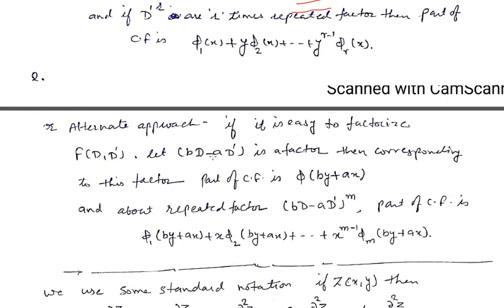Just by plus ax becomes a part of the complementary function for the factor bD minus aD prime. And if bD minus aD prime is a repeated factor, suppose m times repeated, then the CF will be phi 1 (by plus ax) plus x times phi 2 (by plus ax) plus so on, x raised to the power m minus 1 phi m (by plus ax). So we can use this approach also, along with the previous approach.